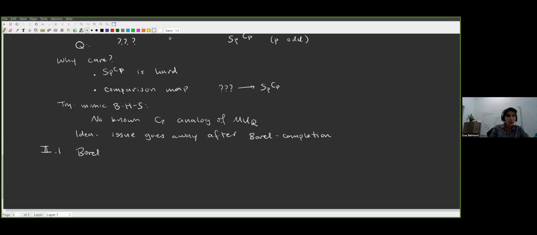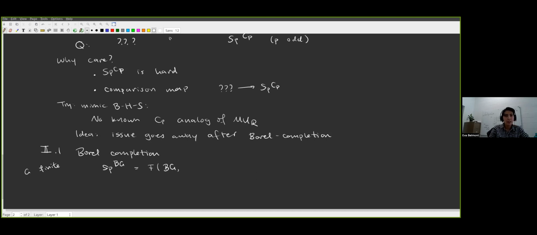Okay, so I want to say a little bit about Borel completion. Just to be clear, G is finite, really G equals C_p. That would be interesting in its own right. So we have genuine spectra, but we also have Borel spectra. Borel spectra are basically just spectra with G action.